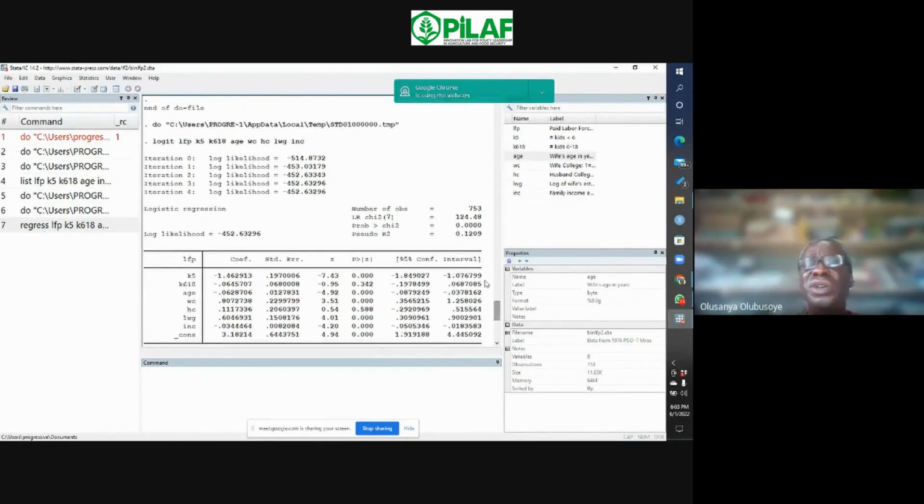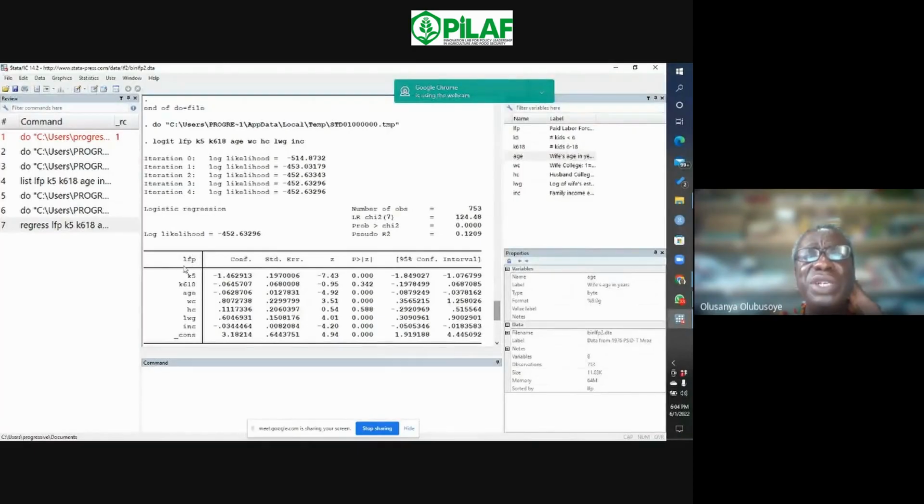So, of course, this is the probability value for the LR test statistic, and you can see it is very close to 0, and it simply says that these variables jointly help to predict the probability of a woman participating in labor force.